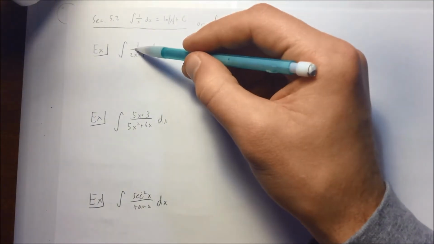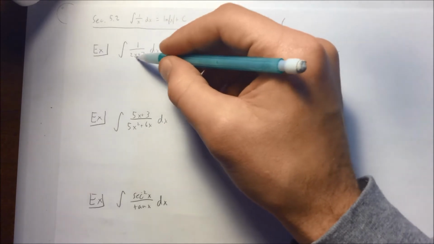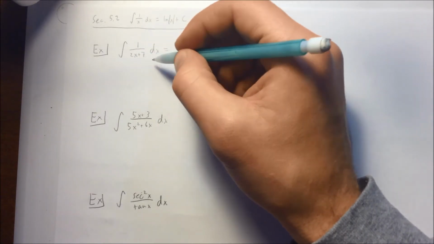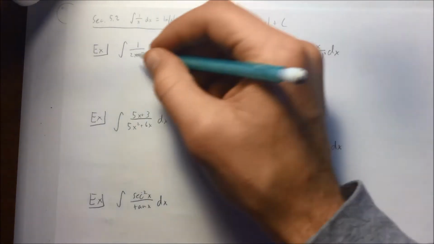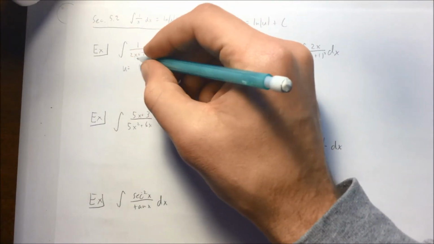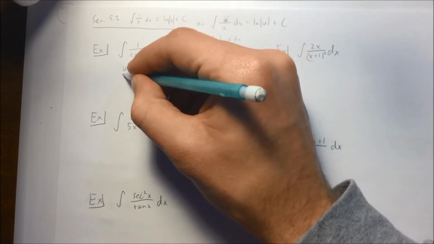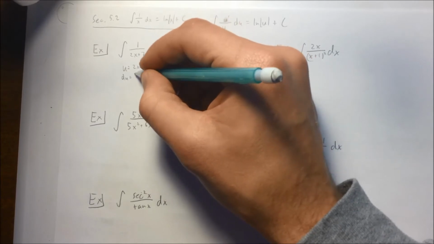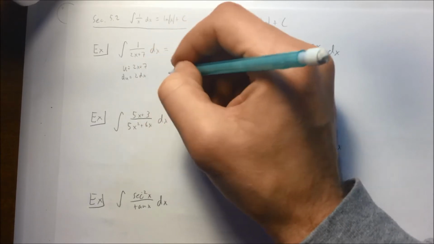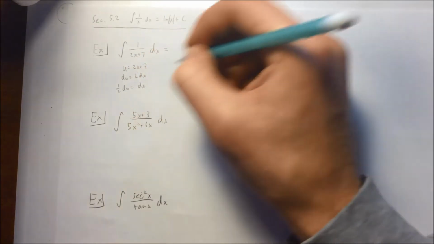Well, I've got 1 over 2x plus 7. Now, since there's not something just nice and pretty on the bottom here, it's not just 1 over x, I'm going to have to treat it as a u. U is equal to 2x plus 7. So du is going to be, the derivative of this, just going to be 2 dx, or 1/2 du is equal to dx.